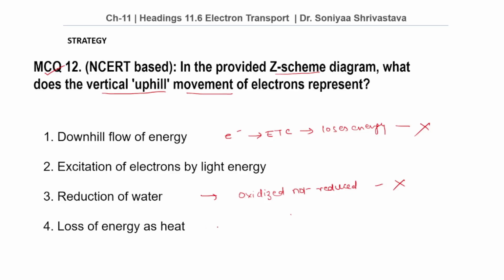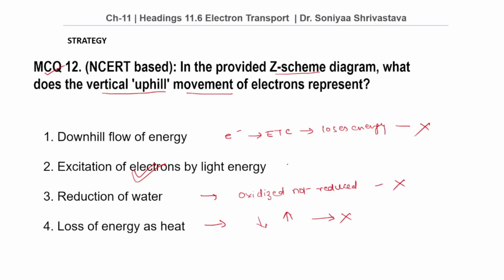Loss of energy as heat. Loss of energy occurs during the downhill movement, not during the upward jump. So this is also the wrong option. Now option number 2, excitation of electrons by light energy. Yes, this is our correct option. Why?